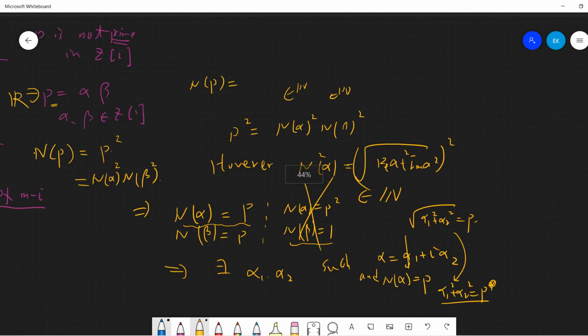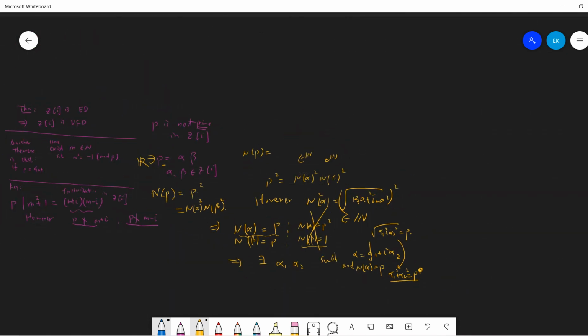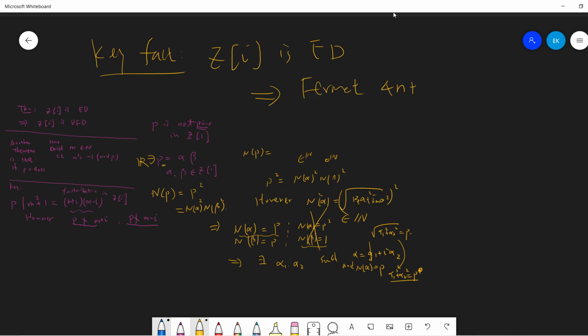So this is the whole proof of the Fermat 4n+1 theorem using the Gaussian integers. The key fact is that Z[i] being a Euclidean domain implies the Fermat 4n+1 theorem.